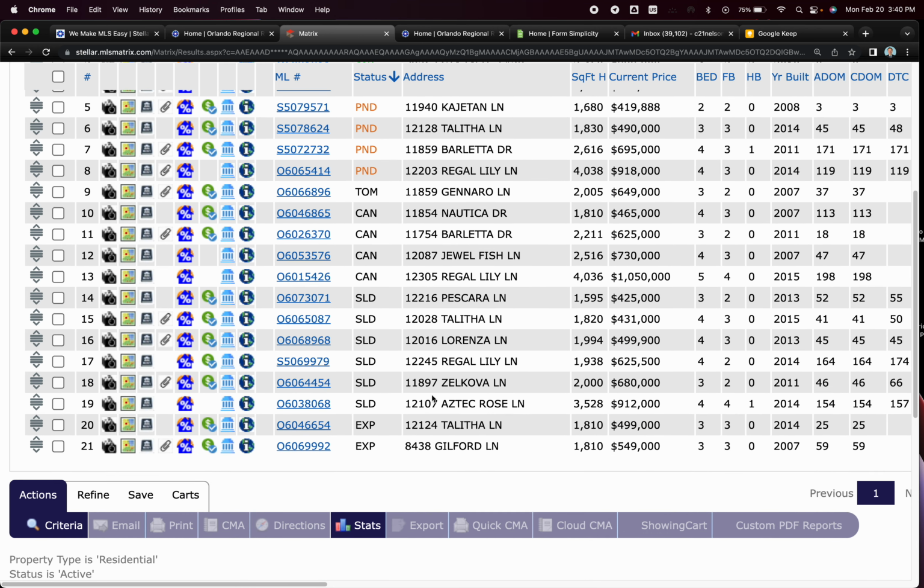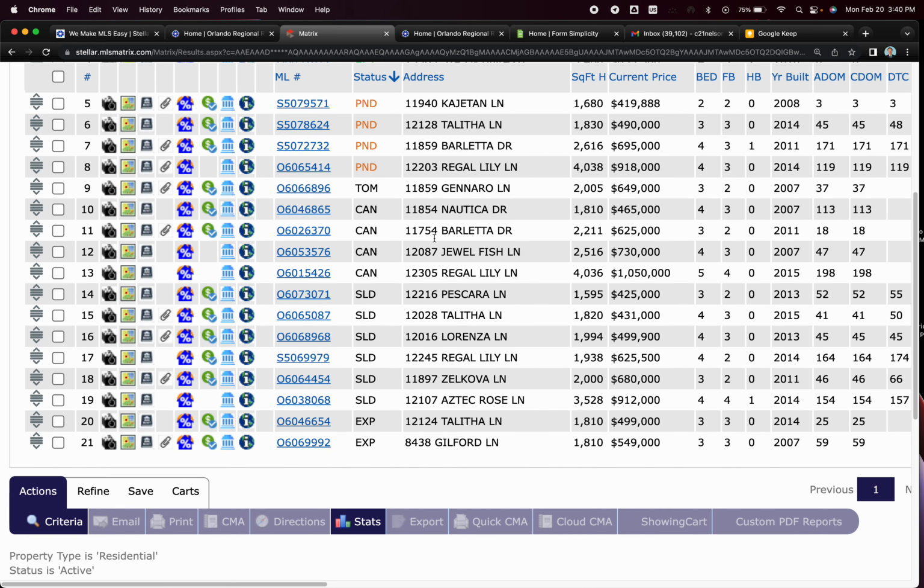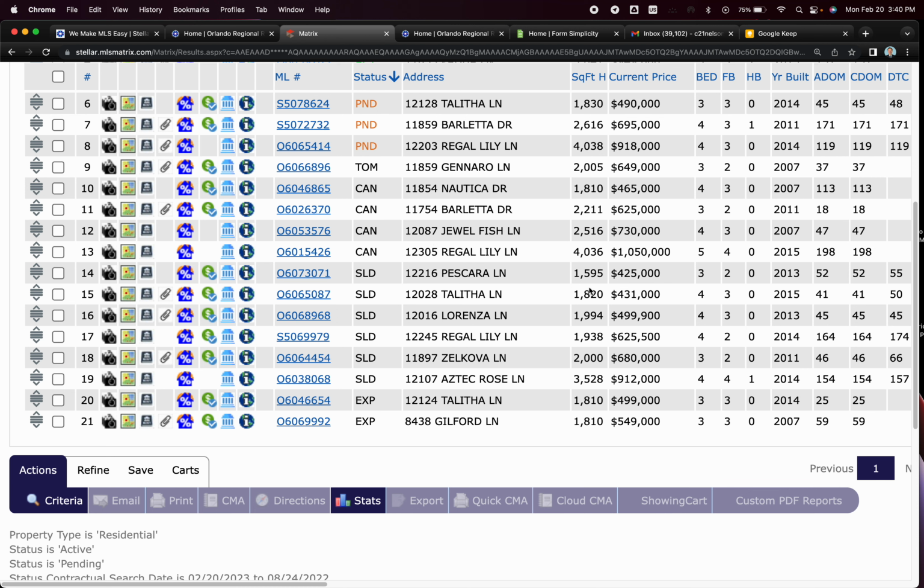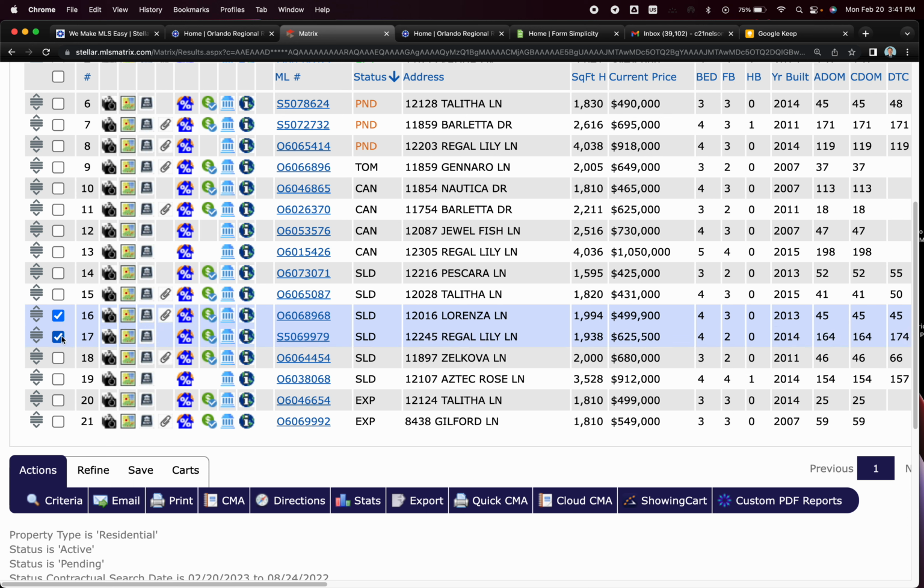This is enough. So we are going to see here the subject property, if you remember, has about 2,000 square feet like this one here. And also Regal Lily has almost 2,000 square feet that's sold. You only need 3 of them. And then Zelkova sold. Boom, right there.